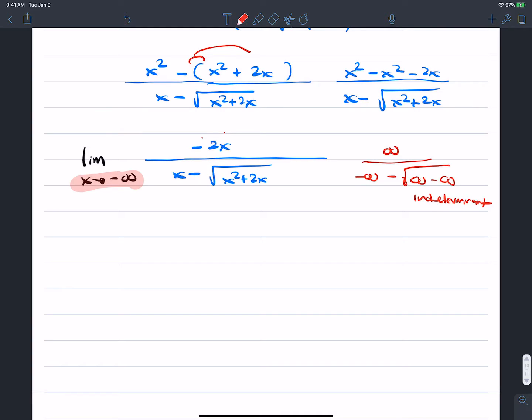You always do what? Divide by the variable with the highest power in your denominator. Is that right? And so if you look at the denominator now, because this is indeterminate, meaning we can't determine, we're going to divide by the variable with the highest power in the denominator. You have an x here, and what else do you have?